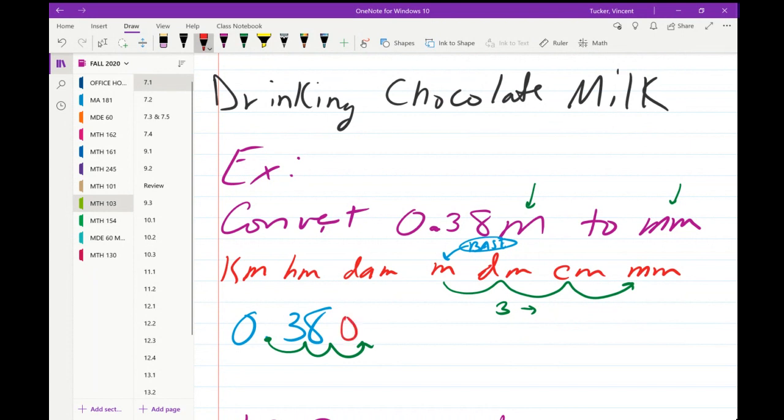Use a 0 as a placeholder, and our answer will be 380 millimeters. As long as you have the order correct, then that's how you will convert in the metric measurement system.